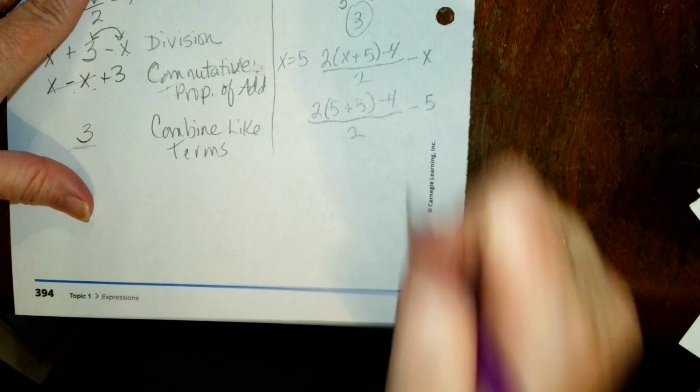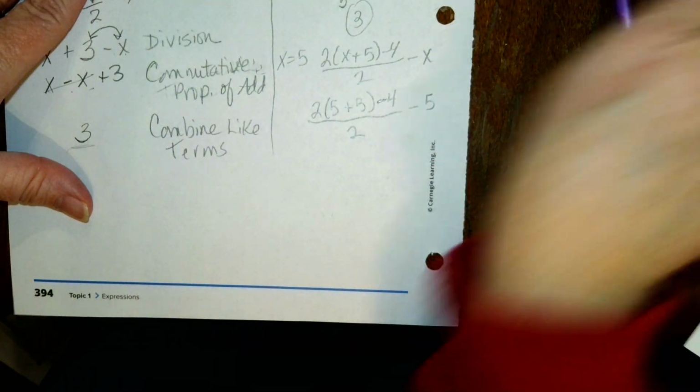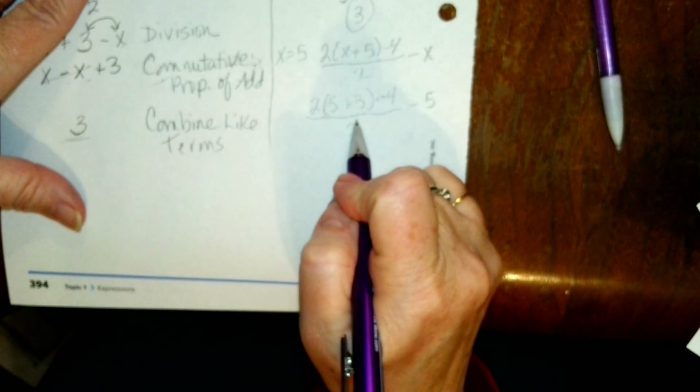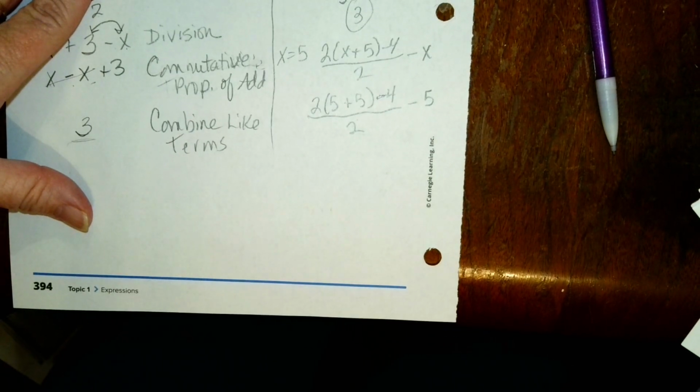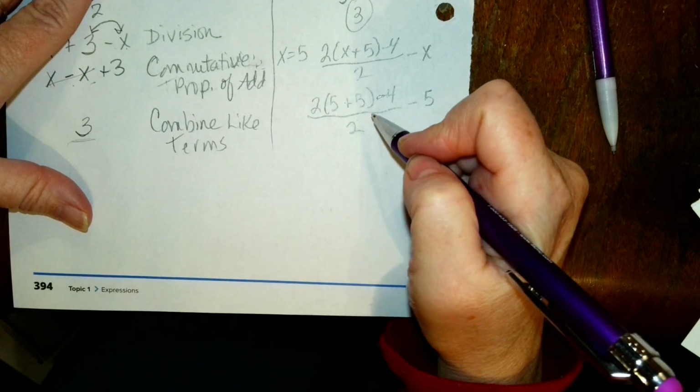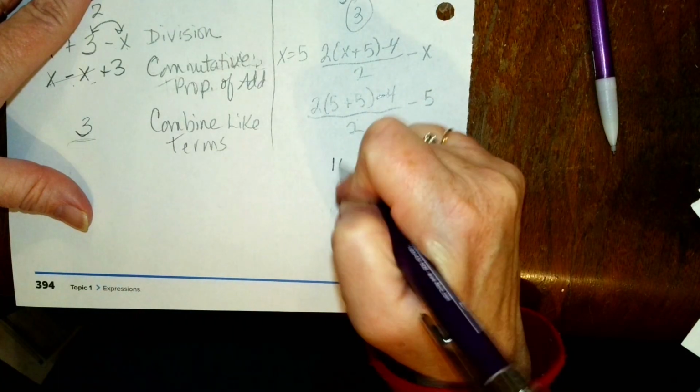Okay, so there's a minus sign there. There's kind of a glare. I'm going to use a pen. Okay, there we go. So inside the parentheses, we have 5 plus 5, so that's 10.